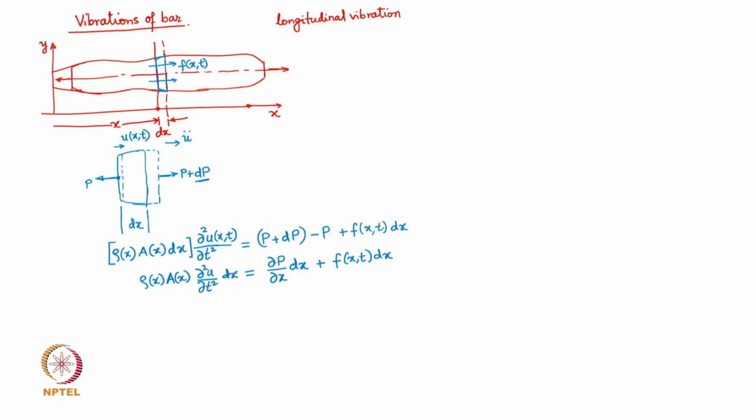Okay, and now rho(x) A(x). Now if we also make an assumption that this bar vibrates with small amplitude, this has been our underlying assumption all the time, right?